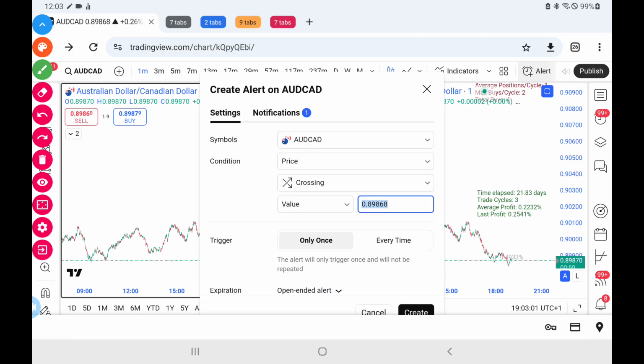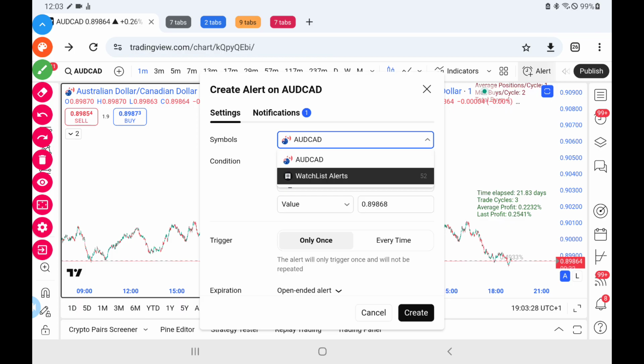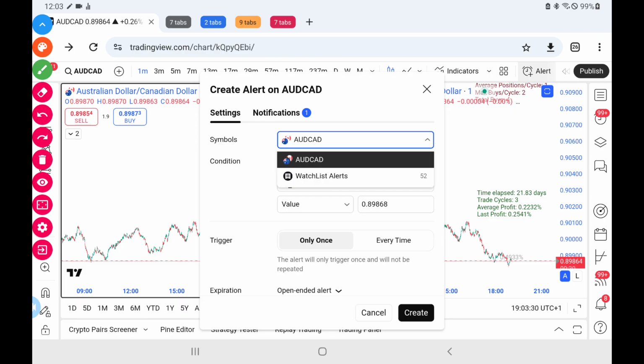Now you can either stay with the symbol or click on it and you'll see the watch list, the alert that I wanted to use. And it is filled with 52. Now, if you have more than one, they'll show up as well.